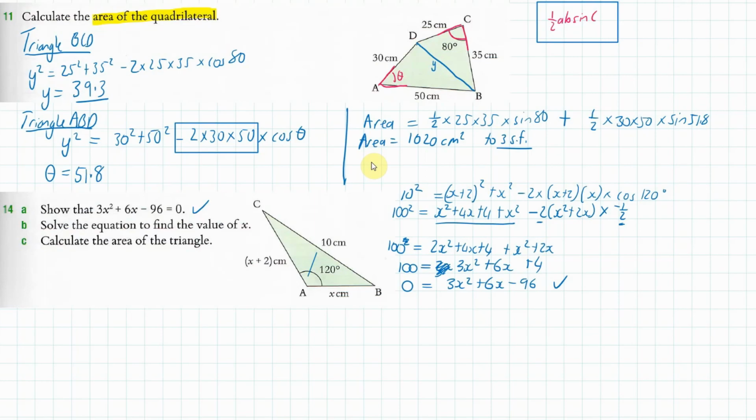So my next line is x squared plus 2x, and 96 divided by 3 is 32, minus 32 equals 0. Now, factors of 32 that add to 2.